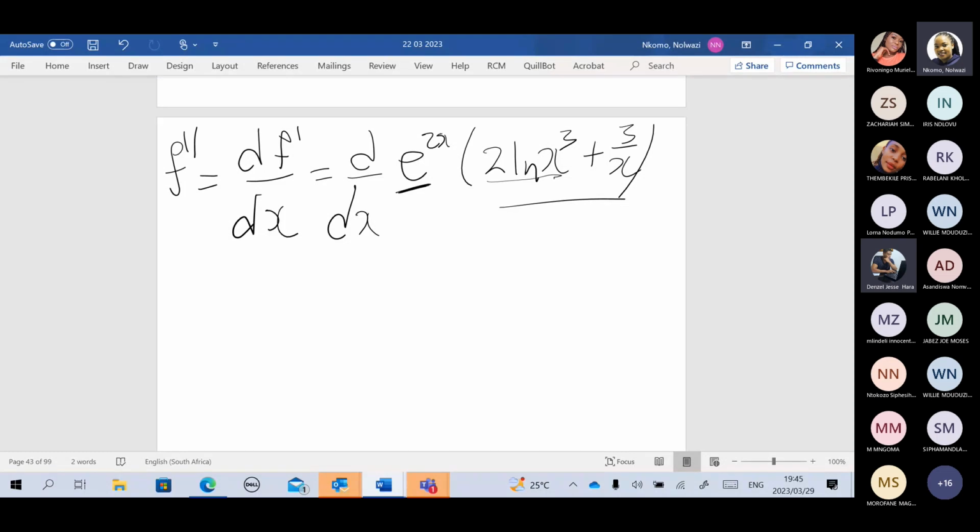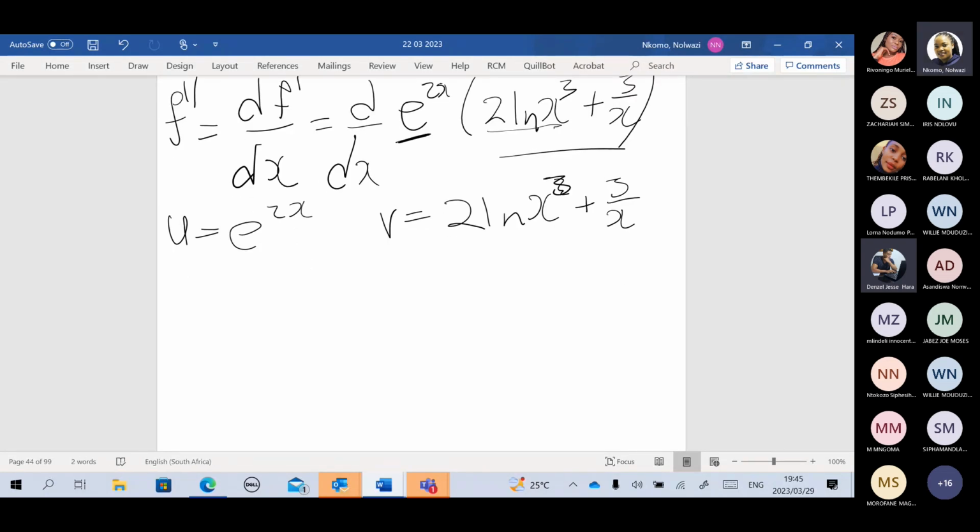Okay, I'll let our u be e to the power 2x, and our v should be 2 ln x cubed plus 3 over x. Okay, we need u prime and v prime. We said the derivative of e to the power 2x is 2 e to the power 2x, right?